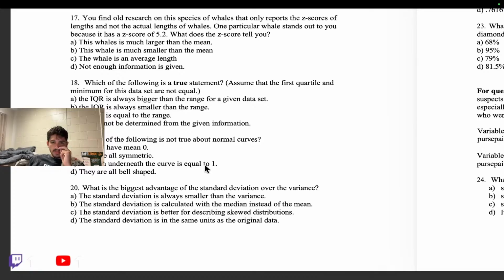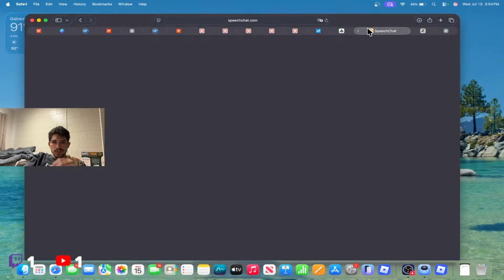Well, that has nothing to do with advantages. The standard deviation is calculated with the median instead of the mean. That has nothing to do with advantages. The standard deviation is better for describing skewed distributions. I think that's true. And then D just doesn't make any sense, so I'm going to say C. Skewed distributions.